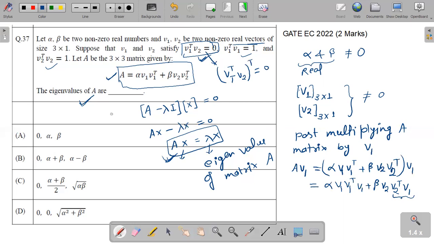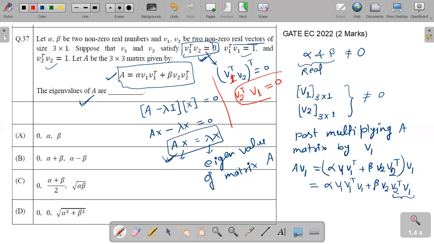Transposing b2 transpose b1 gives b1 transpose b2, since the transpose of a transpose returns b1. So this will be equal to 0.